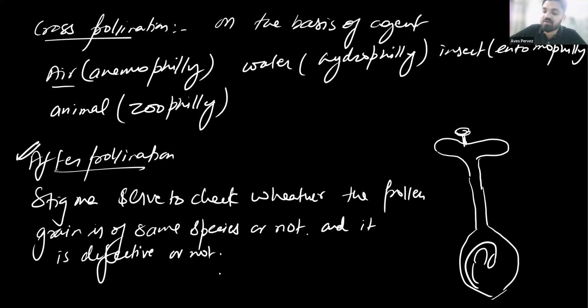Everybody, please note it down. After pollination, stigma has to check whether the pollen grain is of the same species.